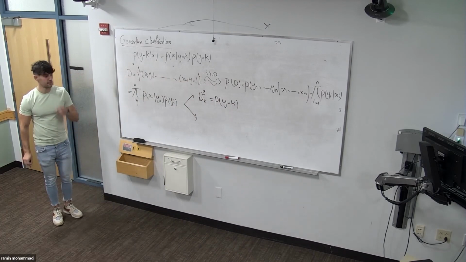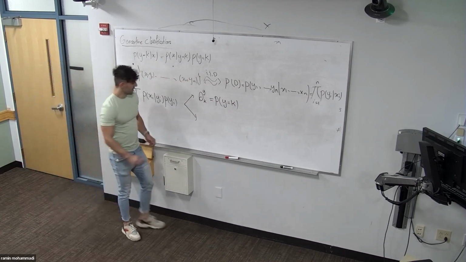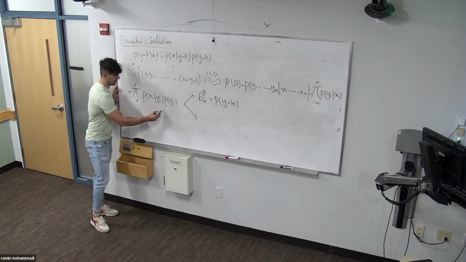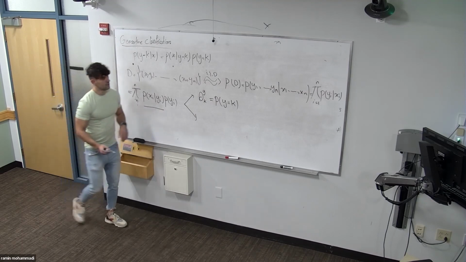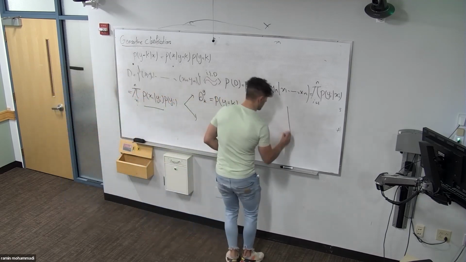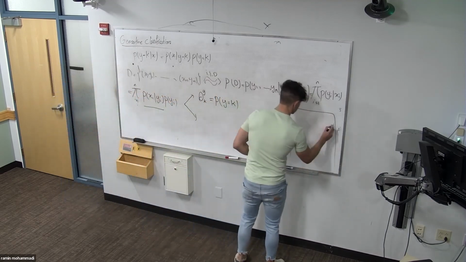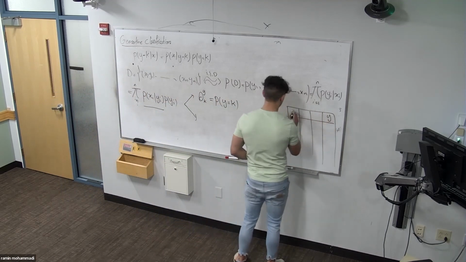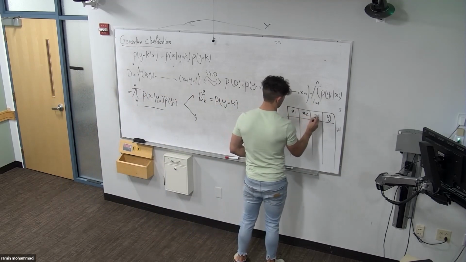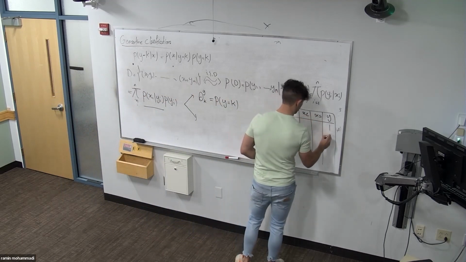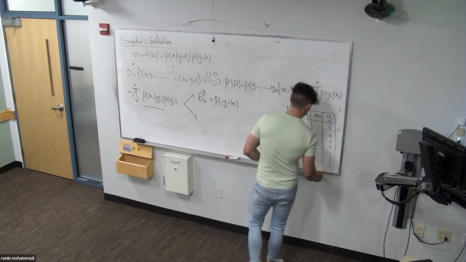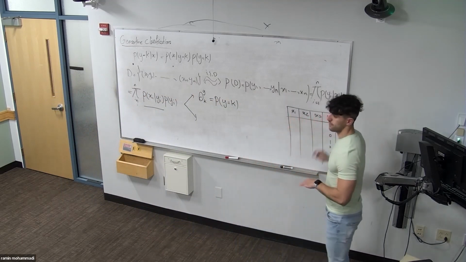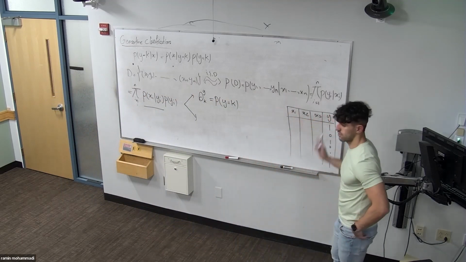Okay, so the next one is the likelihood term. Now, in order to understand the likelihood term, let's assume you have the following data set. I'm just assuming y is binary right now, but that formula could apply to multi-class.